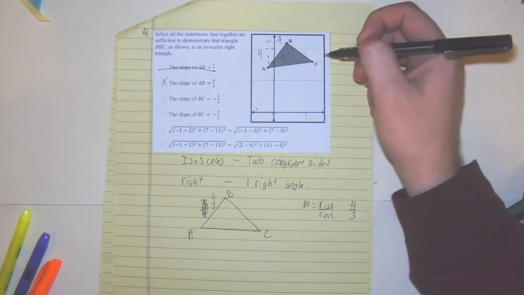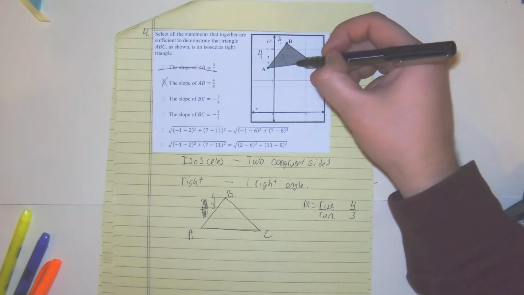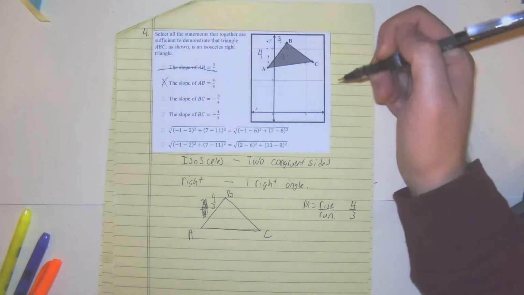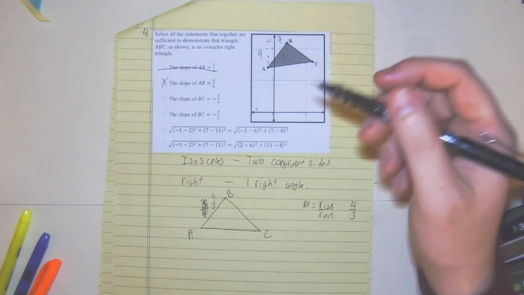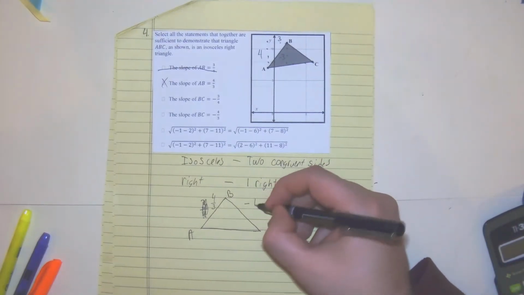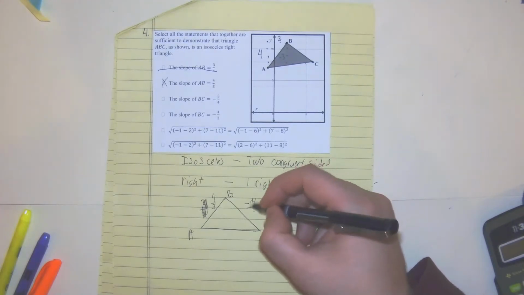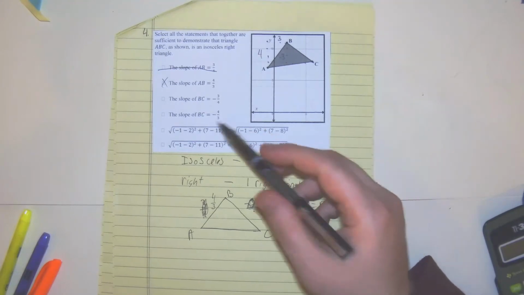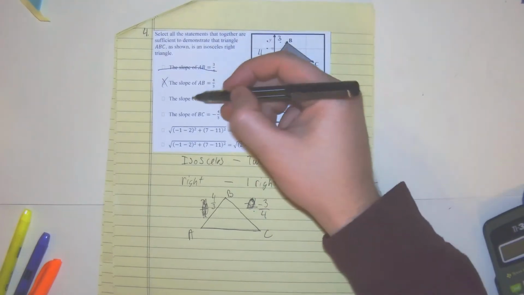So we went down 3. 1, 2, 3, 4. Looks like the slope going down is going to be negative 3 over 4. So this negative 3 over 4 doesn't make sense.